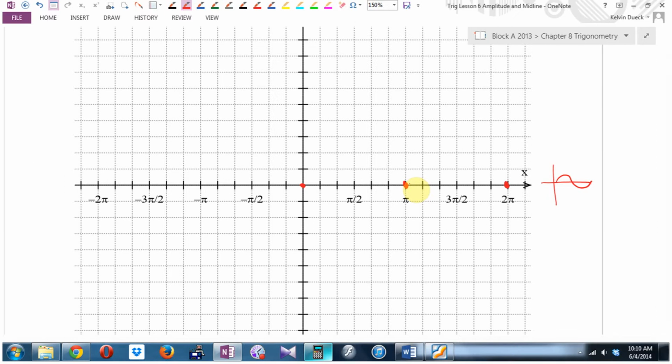It goes 1 up and 1 down. Yes? And I know where those occur. The 1 up occurs halfway between these two guys, right at pi by 2. It's going to go right there. And the 1 down occurs halfway between the next two guys, right there.